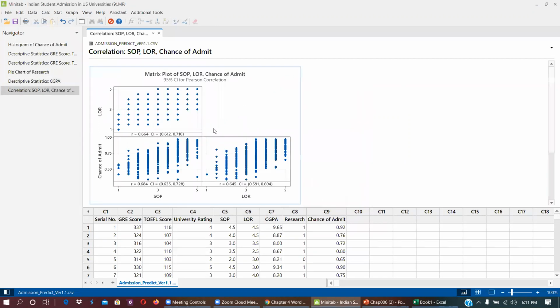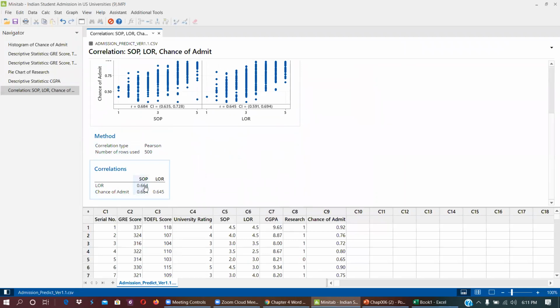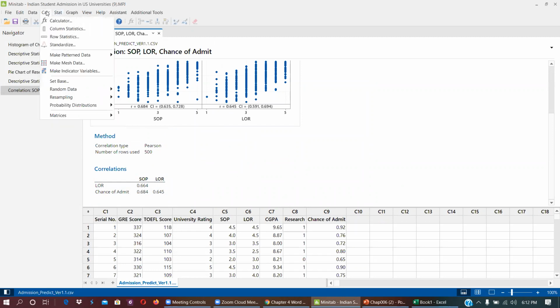Okay, so here you can see statement of purpose and chance of admission is 68.4%. Letter of recommendation and chance of admission is 64.5. So all of you, except one or two, everyone has done this correctly. Which is the highest? So let me go for next question.